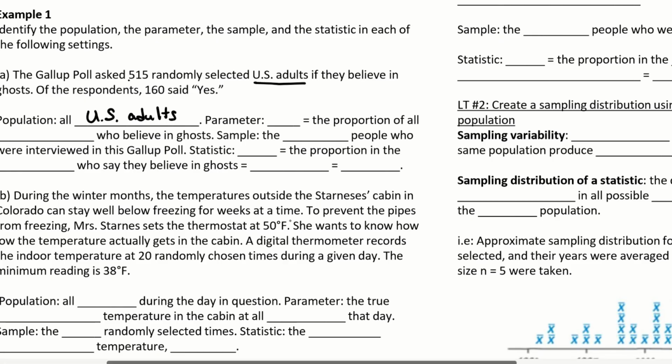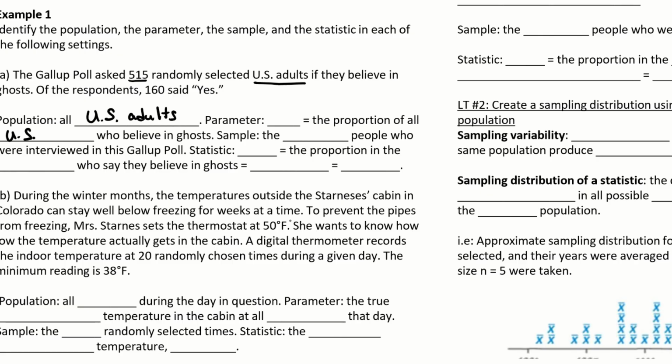Then we have 515 of them, so that's going to be our sample. The parameter is the population characteristic that we're studying. We're studying the proportion of all U.S. adults who believe in ghosts.